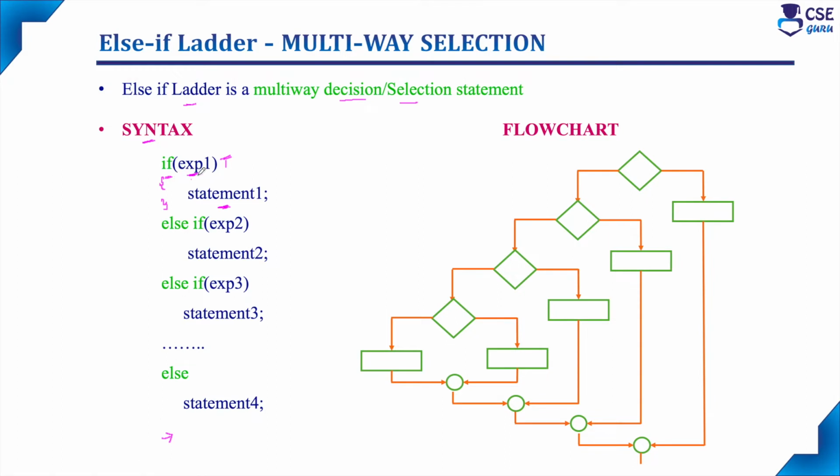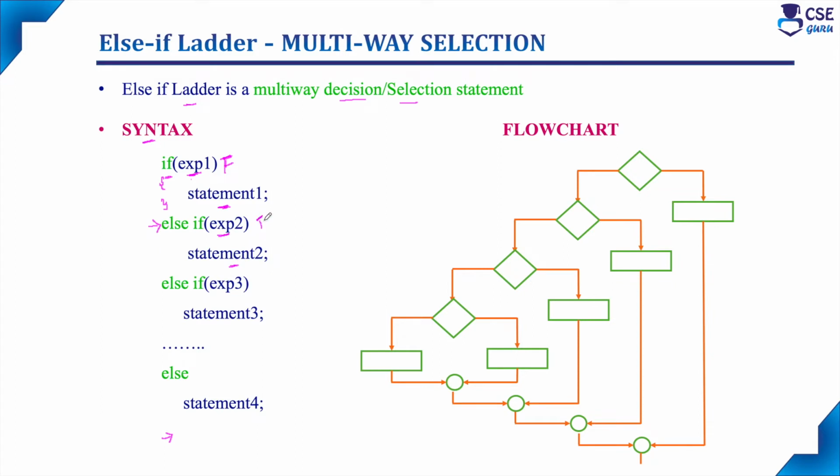Suppose this expression 1 is evaluated to false, the cursor will move to the next part, that is the else if part, and here it will check expression 2. If this condition is evaluated to true, the statement 2 part will execute. Here also it may be a simple statement or a compound statement.